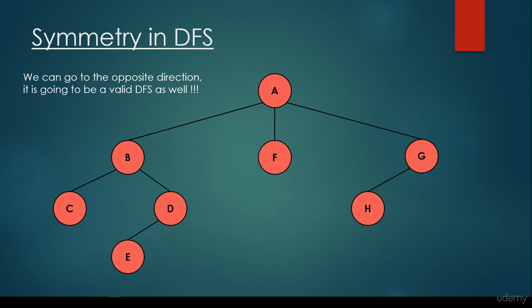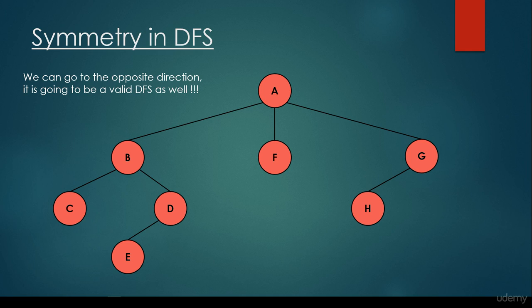So basically we can go to the left and we can go to the right, it doesn't matter. But if we start by implementing that we go to the left, then we have to be consistent and we have to go to the left as far as possible. If we decide that we go to the right, we implement our depth-first search like that. It's okay, it's going to be a valid depth-first search implementation, but we have to be consistent.